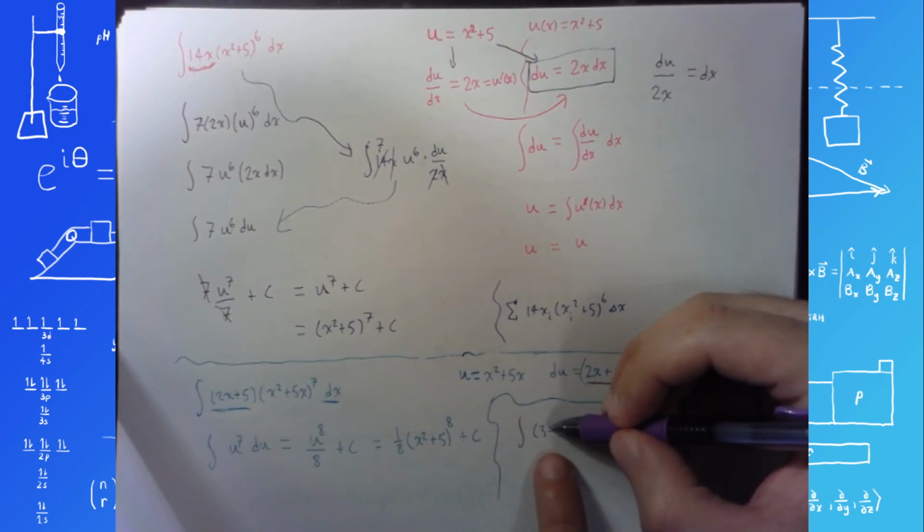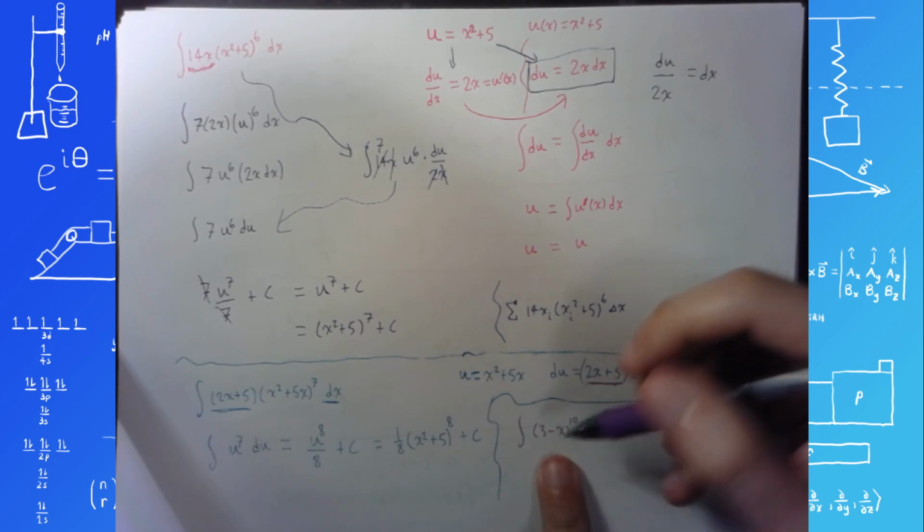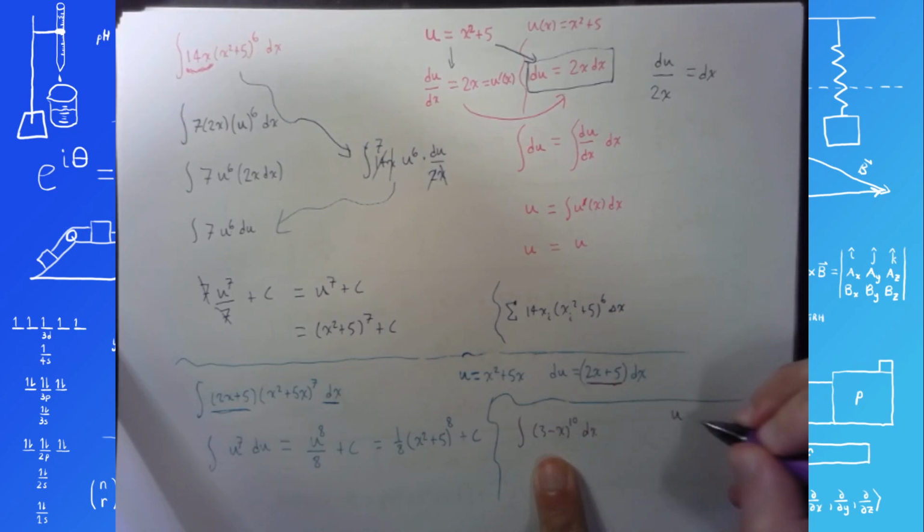So if I look at 3 minus x to the 10, I would love for this to be u to the 10. So at least I would hope that my u is going to be 3 minus x. But if I take its derivative, I get du equals derivative of 3 is 0, derivative of x is -1 dx.